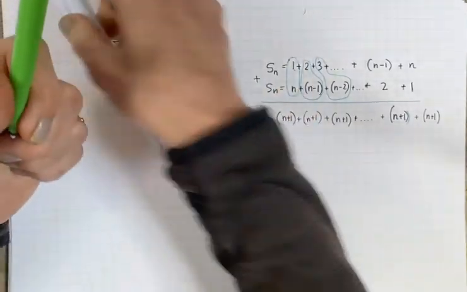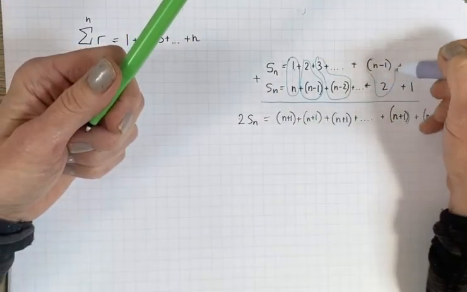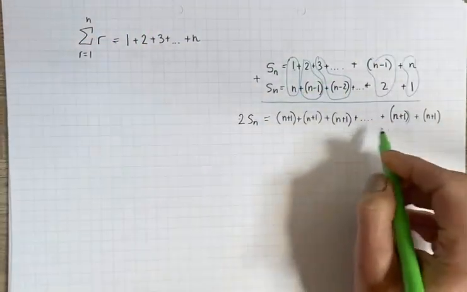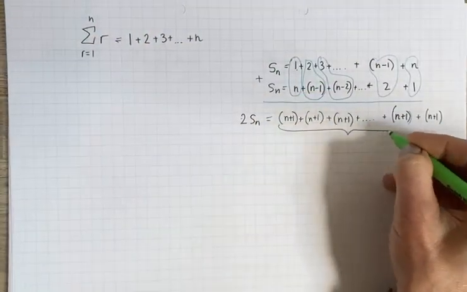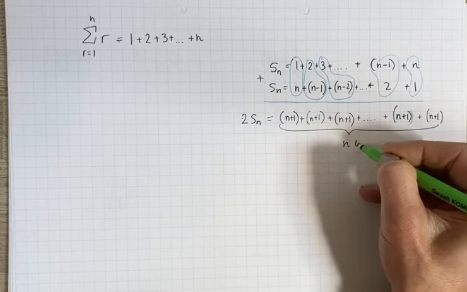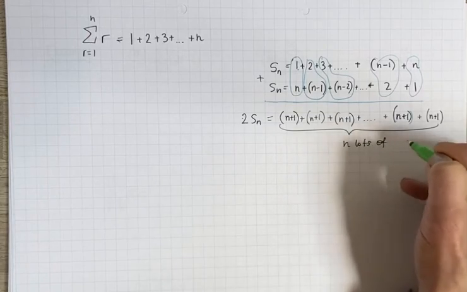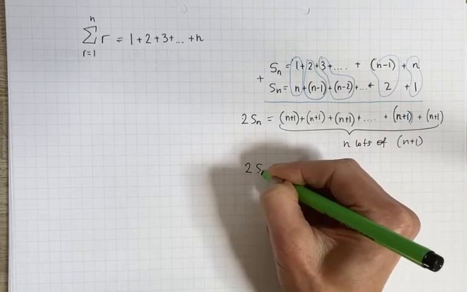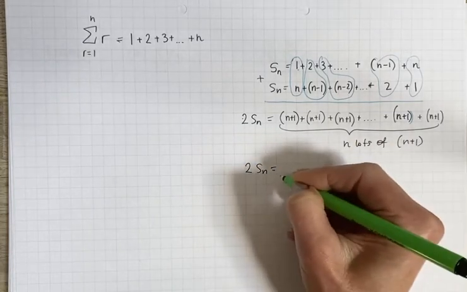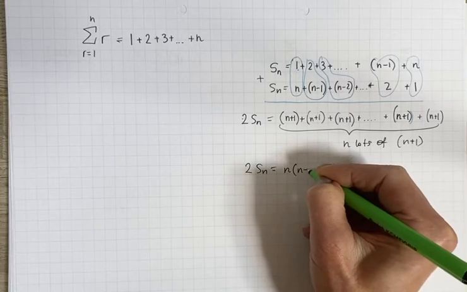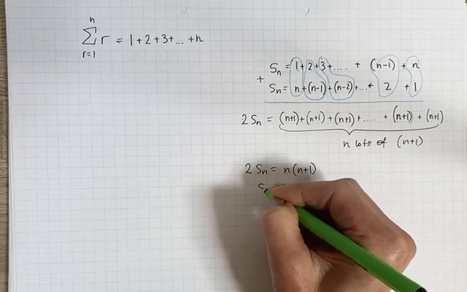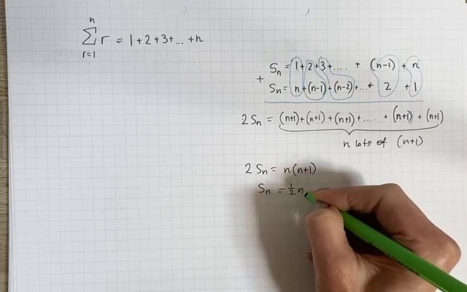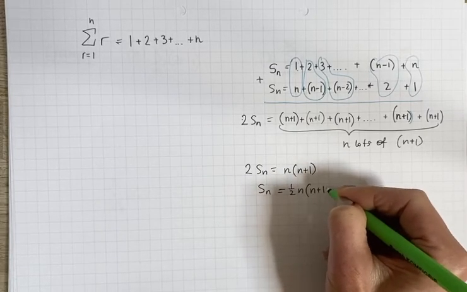So matching those pairs and matching all the pairs between 1 and n will generate n lots of n plus 1. So you've got 2 Sn equals n times n plus 1. Now how do I write it? Well, multiplication. But obviously we wanted to know what Sn is, which is a half of n times n plus 1.